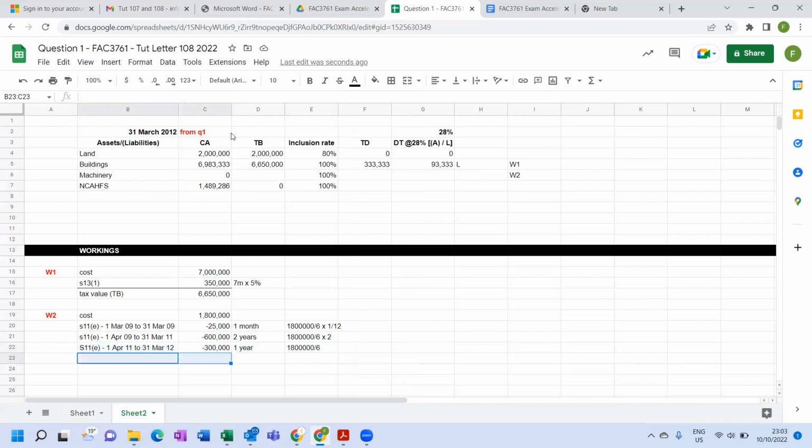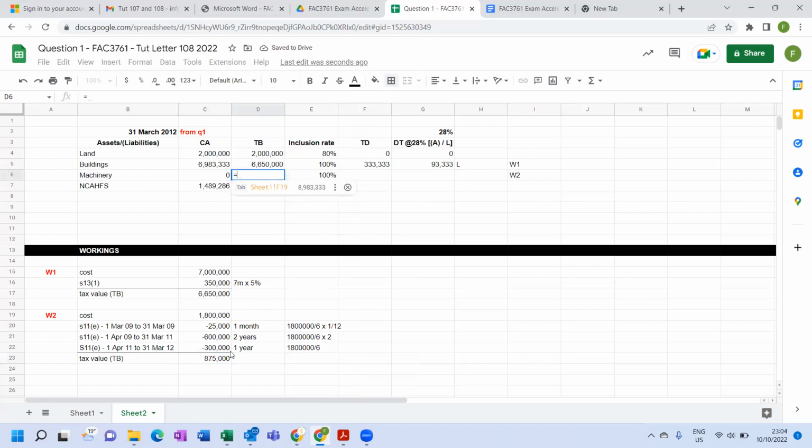So therefore the tax value or tax base would be the sum, there we go, 875.